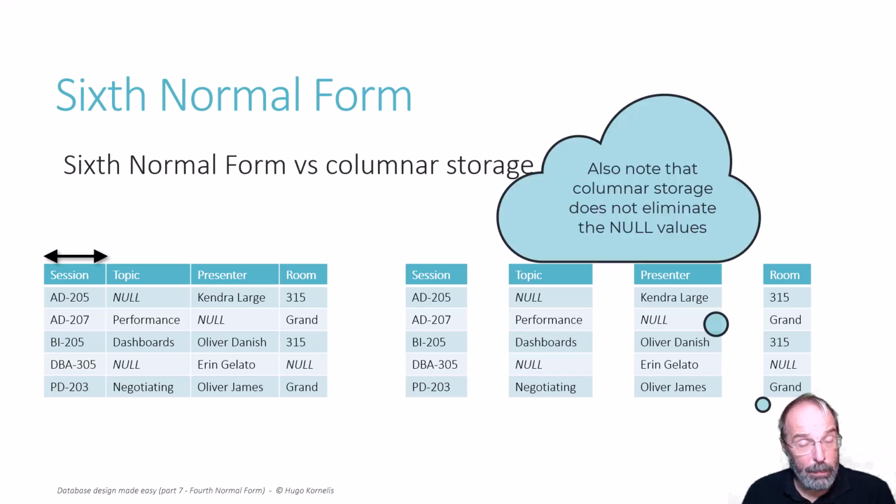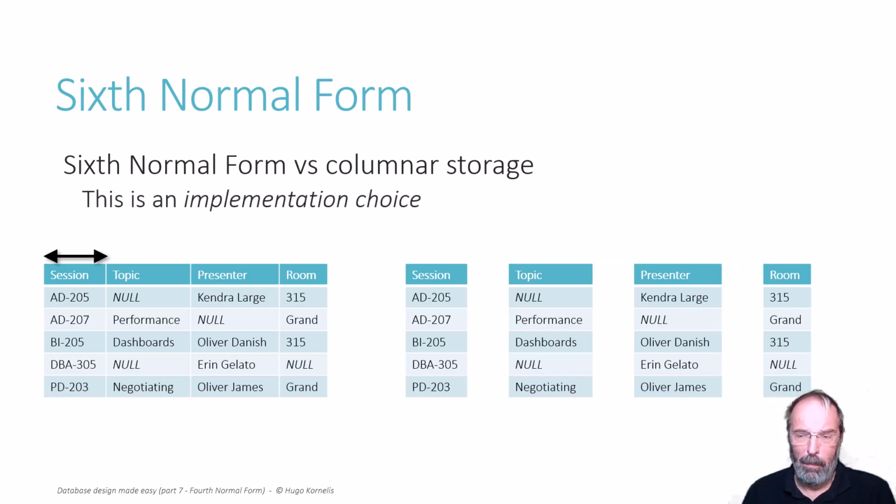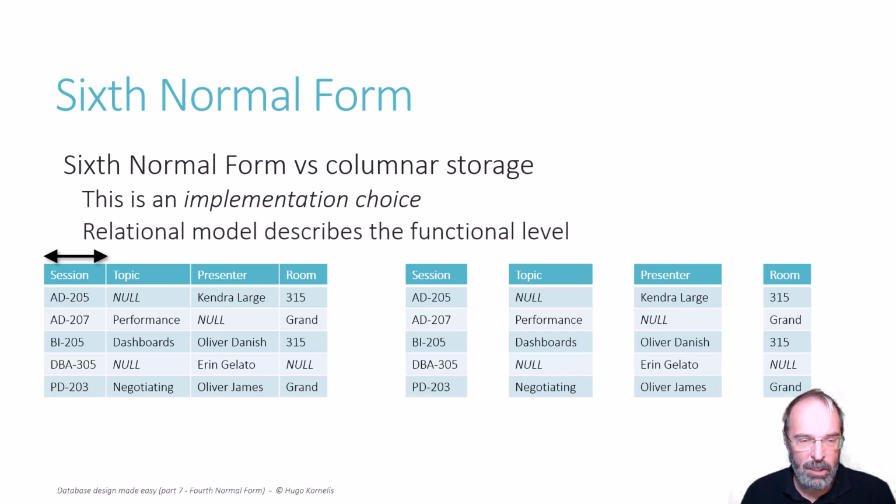But what is more important is the fact that this is an implementation choice. And why is that relevant? Because the whole relational model, including all rules for normalization and including the ANSI standard for SQL, all very explicitly describes the functional level. How it is implemented is completely left to the vendor of the database engine, is not anywhere described in the standard, in the model, and it doesn't play a role in normalization.